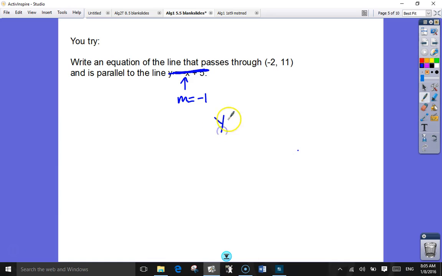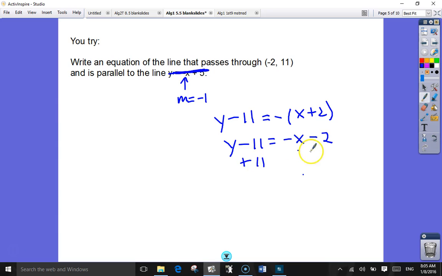y minus 11 equals -(x plus 2). y minus 11 equals -x minus 2. Add 11, add 11. y equals -x plus 9. Did you get that? Should have been a plus 9?